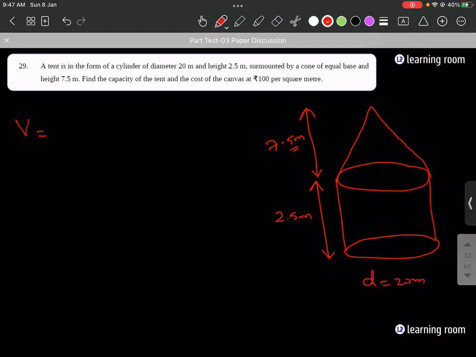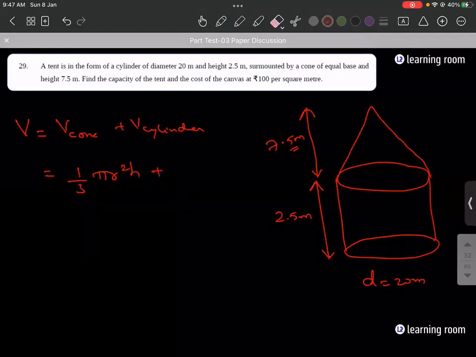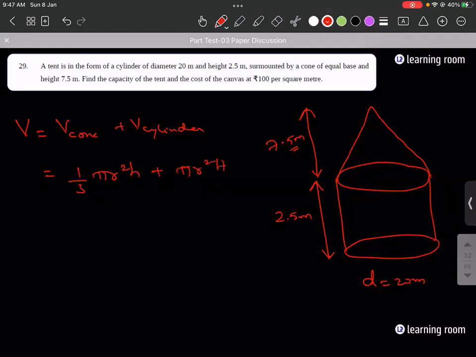Volume of cone plus volume of cylinder. Volume of cone is 1 by 3 pi r square h, plus volume of cylinder is pi r square capital H. Here I'll take it as capital H, here small h.